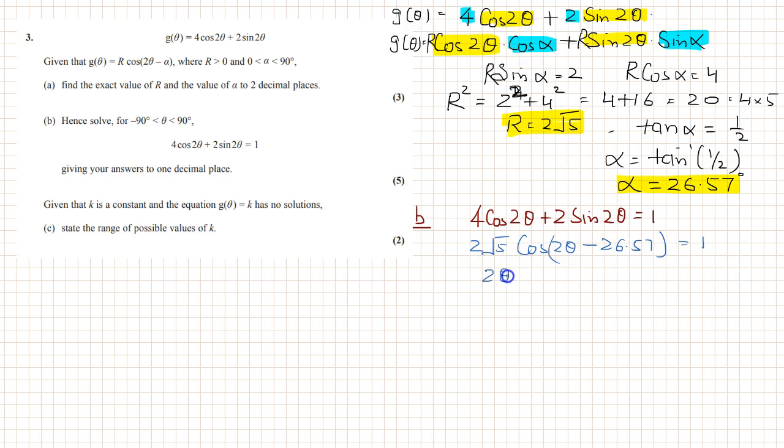So 2 theta minus 26.57 is equal to cos inverse of 1 over 2 root 5. So 2 theta minus 26.57 is equal to, so this is 77.079.